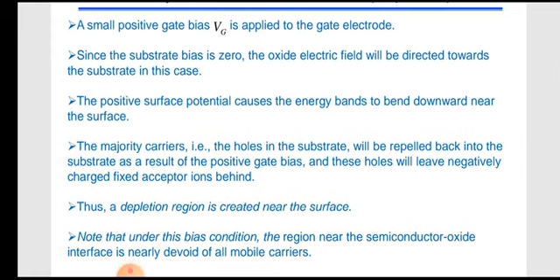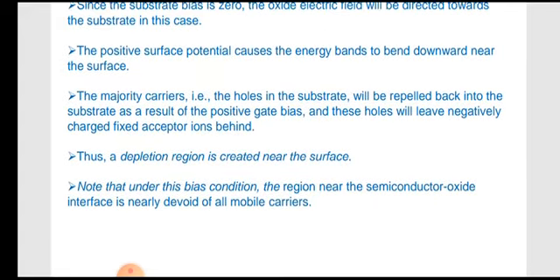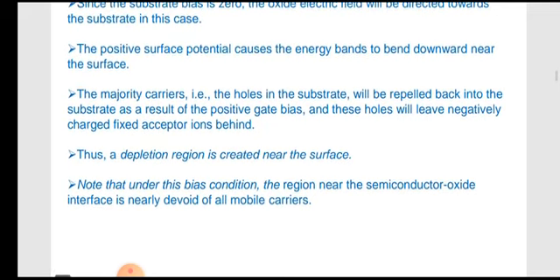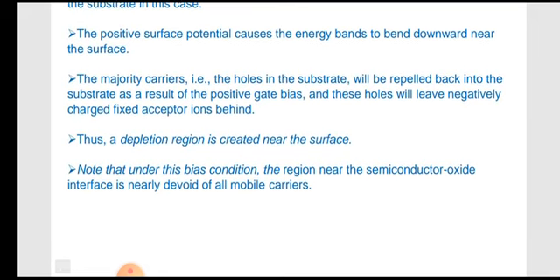The majority carriers, that is the holes in the substrate, will be repelled back into the substrate as a result of the positive gate bias. These holes will leave negatively charged fixed acceptor ions behind. They do not care which kind of acceptor they are leaving behind. Thus a depletion region is created near the surface.